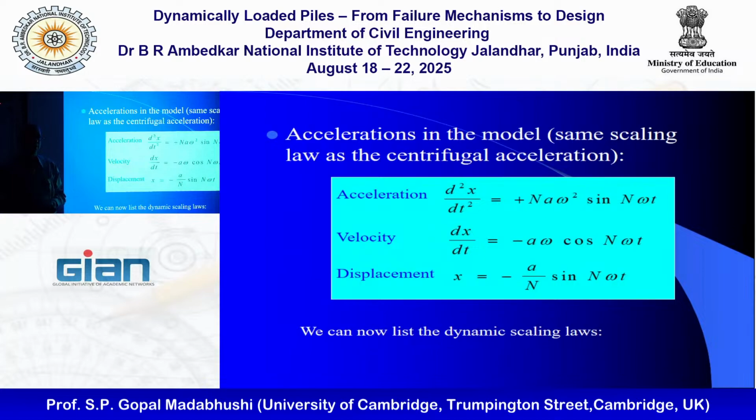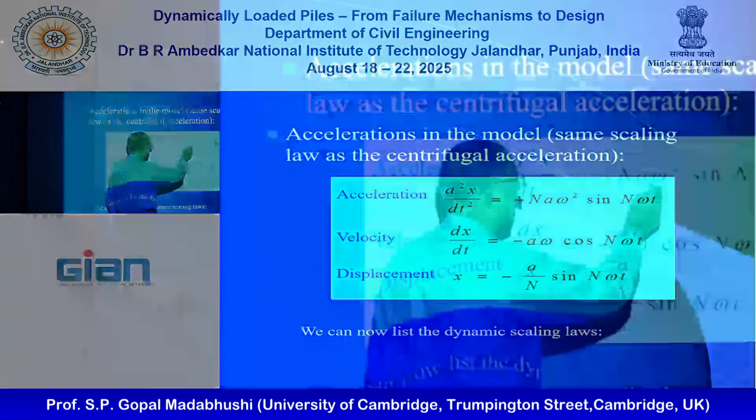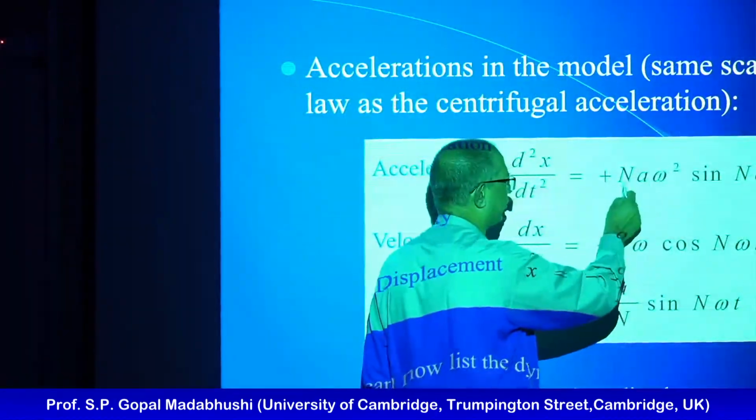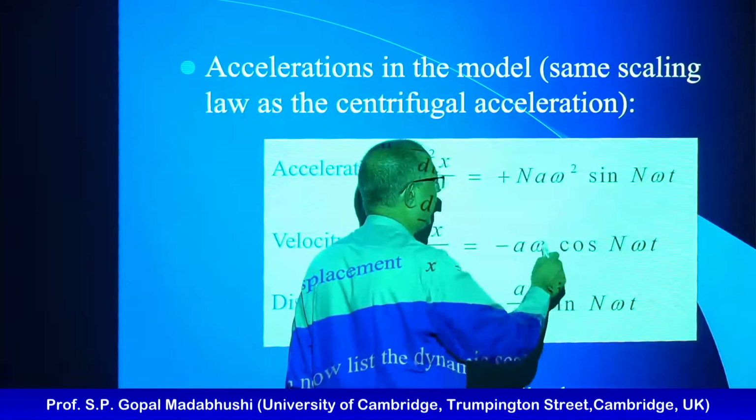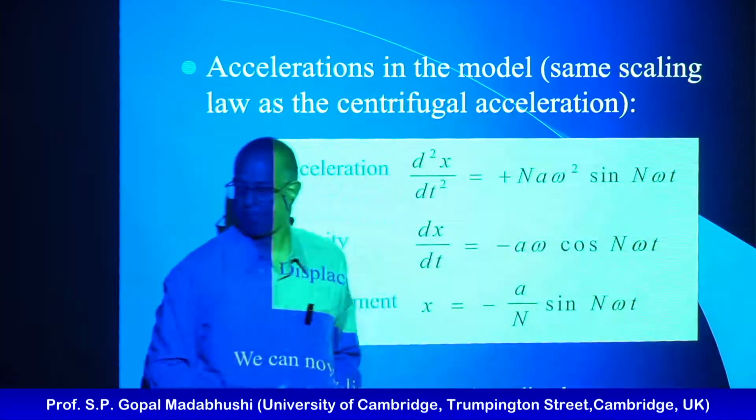I can't say that for centrifugal acceleration I'll use n, but for shaking acceleration I'm not going to do that. That's not right, because acceleration is acceleration, you have to be consistent. So for the model scale, I need to increase my acceleration by a factor of n. So n A omega squared, and this sine n omega t.